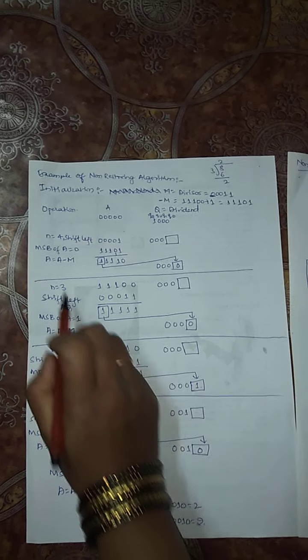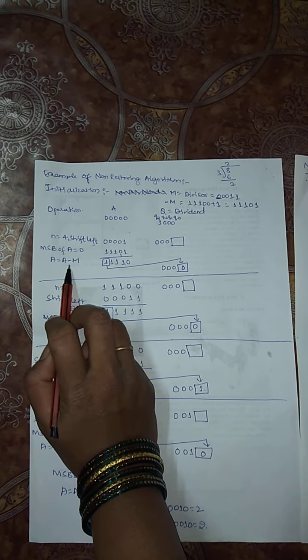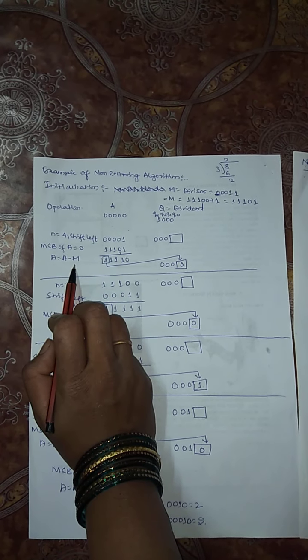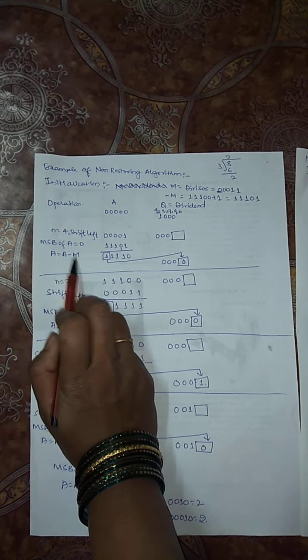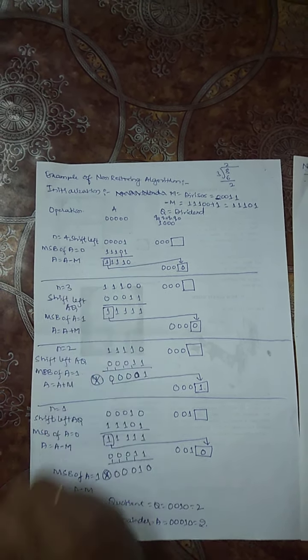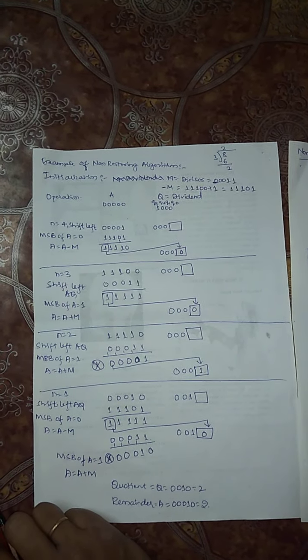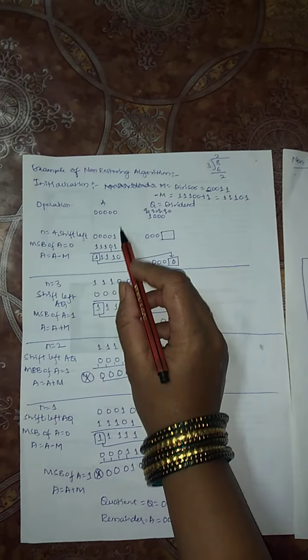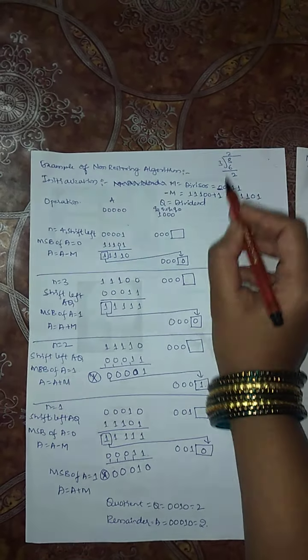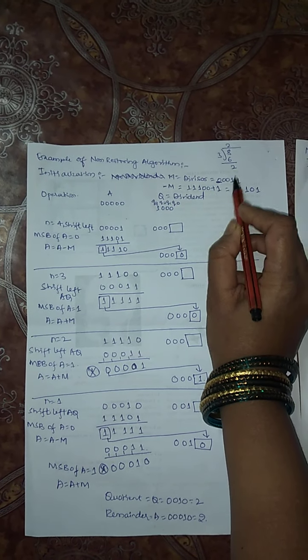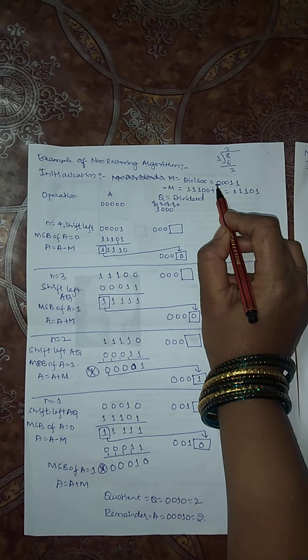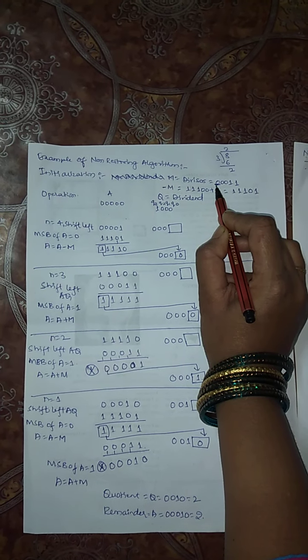A plus M means if there are 4 bits in A, M should also contain 4 bits. If there are 10 bits in A, M should also contain 10 bits. Then only we can do the proper operations. So we are taking 5 bits here. Here also we should take 5 bits. How to make this 5 bits? Just add a 0 in the MSB position.